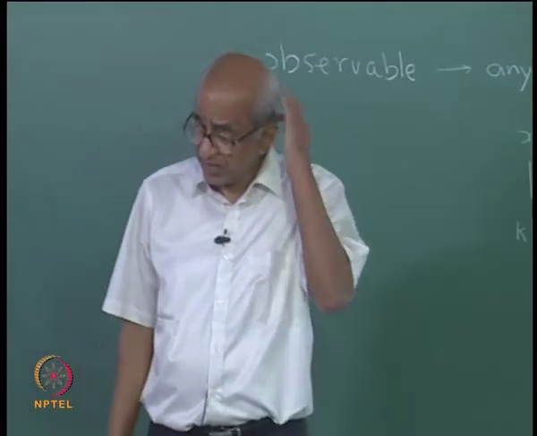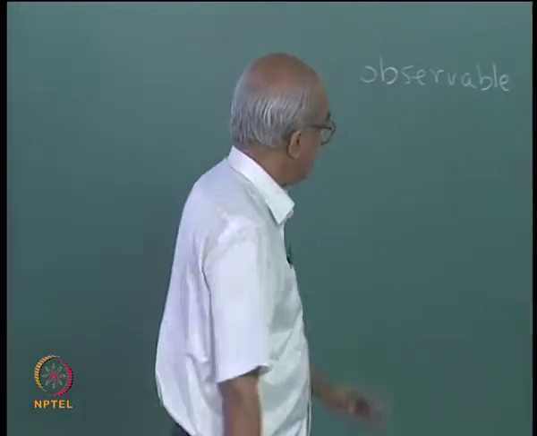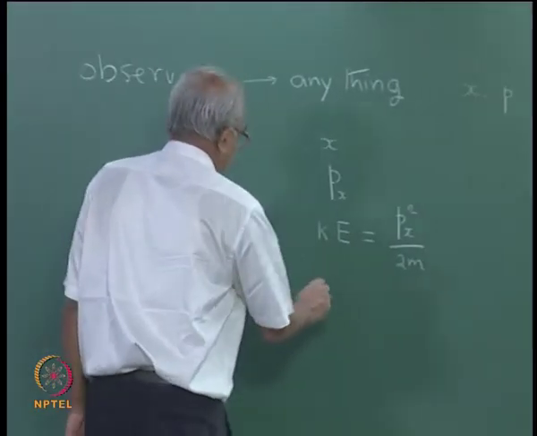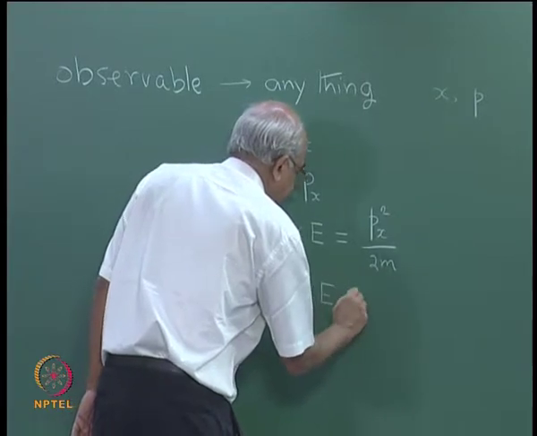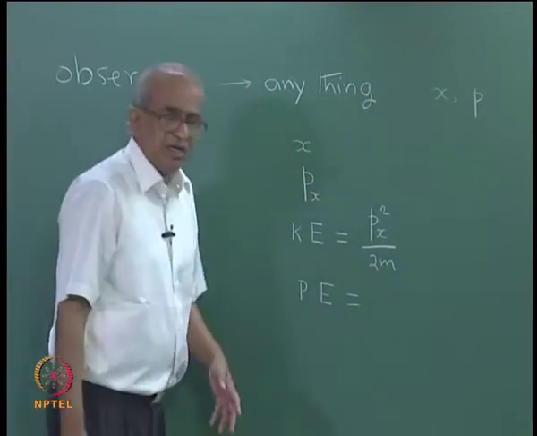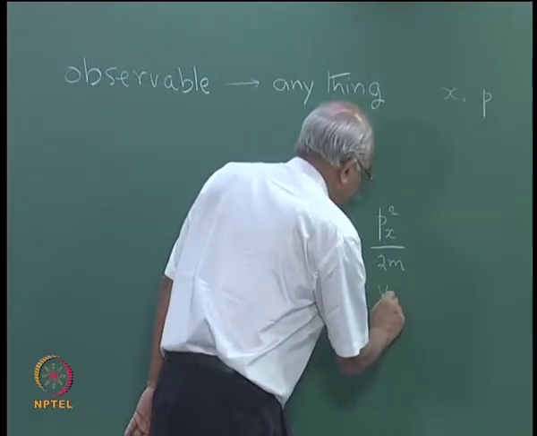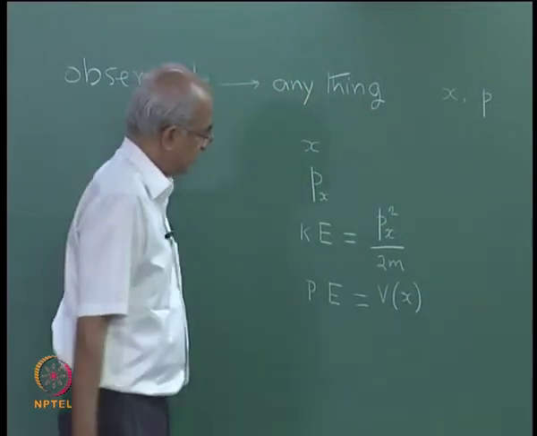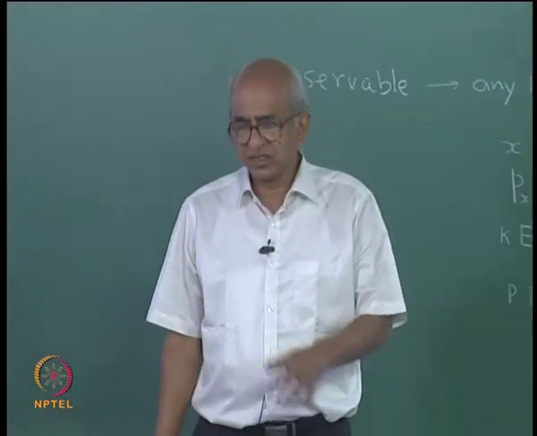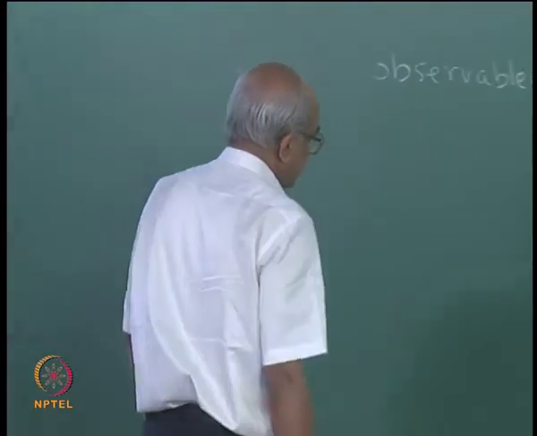Or if your particle is subject to a potential energy, moving in an external field caused by a potential, there is a potential energy associated with the particle. Potential energy will depend upon the position of the particle, so it will be a function of x, let us say V of x, and this is yet another example of an observable. You may also say total energy.